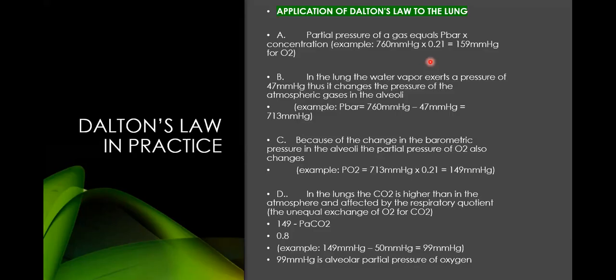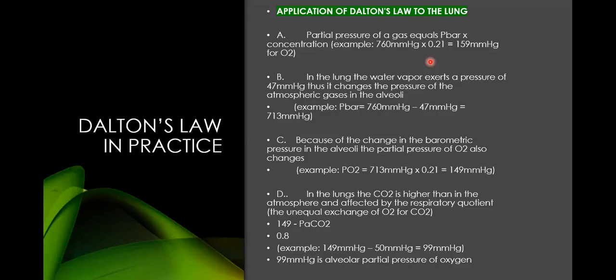So now to find the pressure of oxygen in the alveoli, we say 713 times 0.21, and that gives us 149. Then we take that 149 and subtract the PCO2 over the RQ, and that leaves us about 100.